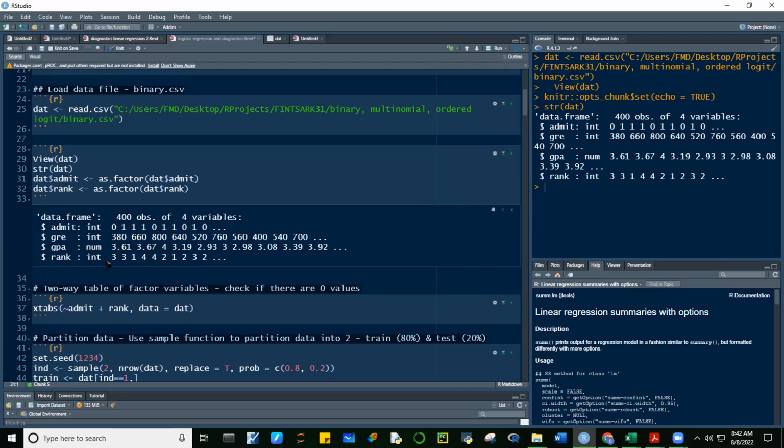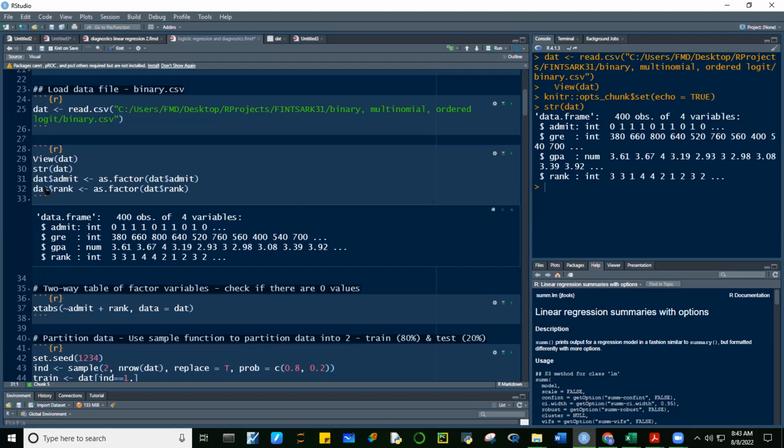And so is rank. So we're going to convert this. Si admit at saka si rank, dapat factor siya. Hindi naman talaga number tong rank eh. It's a classifier, no? Rank 1, rank 2, rank 3, rank 4. These are classifiers of the student's school where he or she came from.